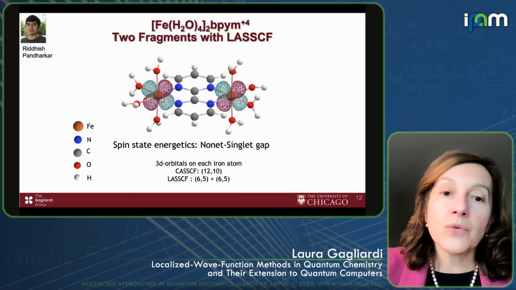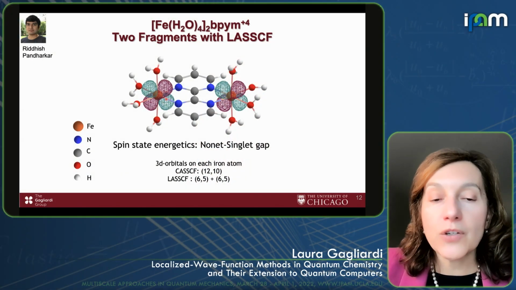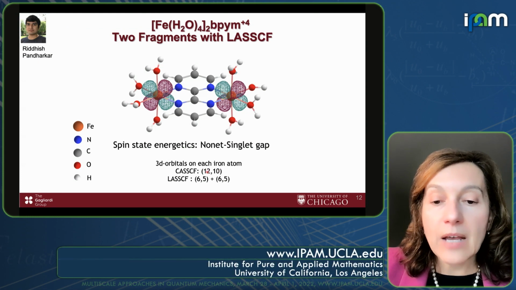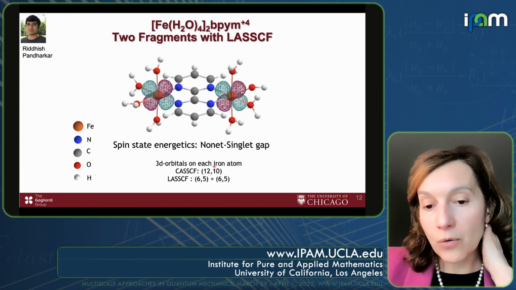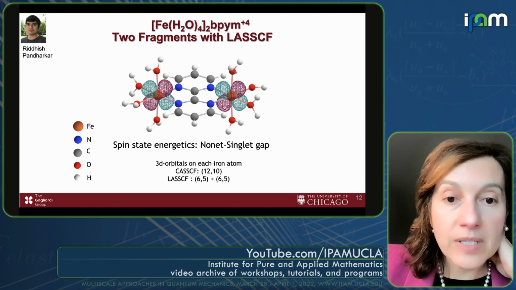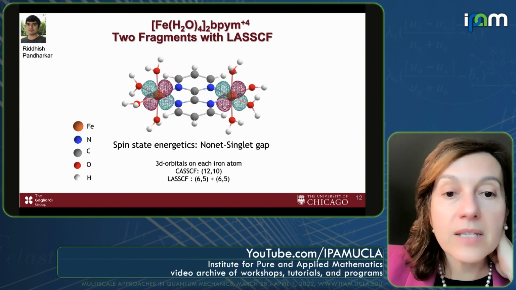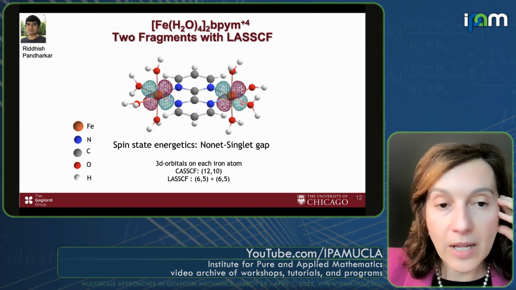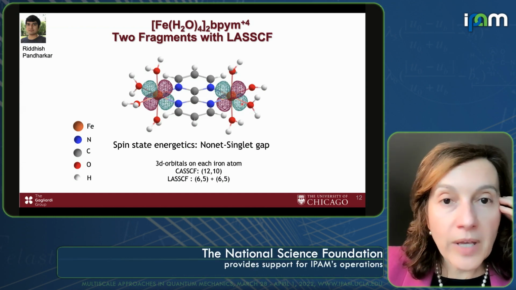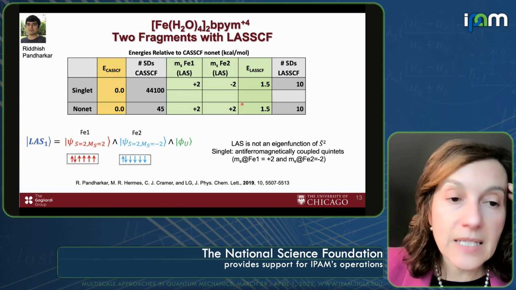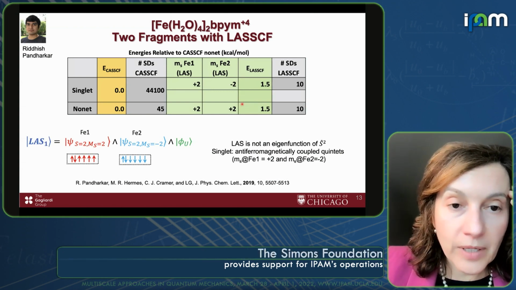And if one does a CASSCF and just wants to include the d orbitals on each iron, one would have to perform a CASSCF with 12 electrons in 10 orbitals. On the other hand, we can set up 2 separated active spaces, 6 electrons in 5 orbitals on each transition metal. And with this approach, we have computed the relative energies of the 2 spin states, the singlet and the nonet.